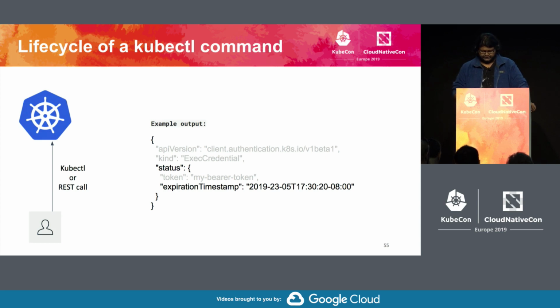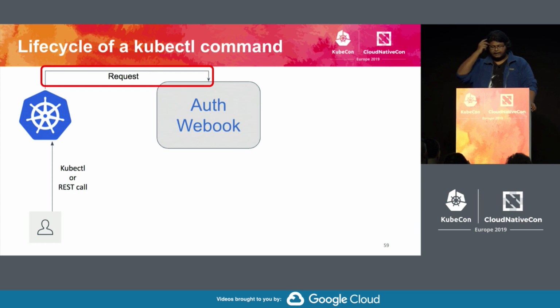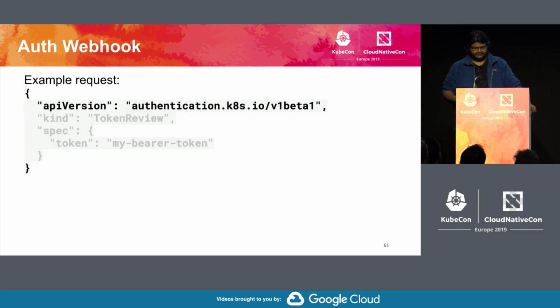When this executable does that, this request is sent to the Kubernetes API server, and then the Kubernetes API server sends it to our custom auth webhook for validating the token that is being sent. The example request that the Kubernetes API server first sends looks like this.